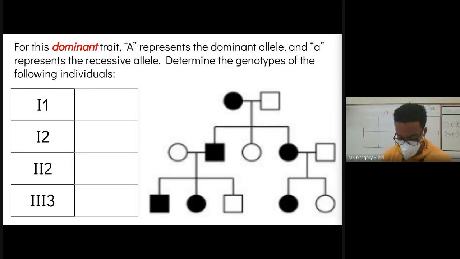So I'm going to use green for that person. Person I2 is an unshaded square, so that means that they do not have the dominant allele. They must be homozygous recessive, meaning lowercase a, lowercase a. Since they are the father of those 3 children, I'm going to write them on the left side of the Punnett.